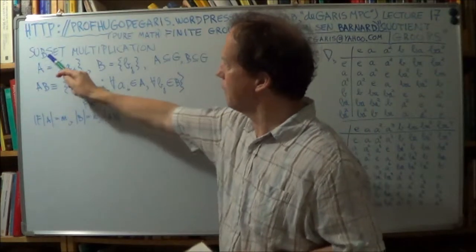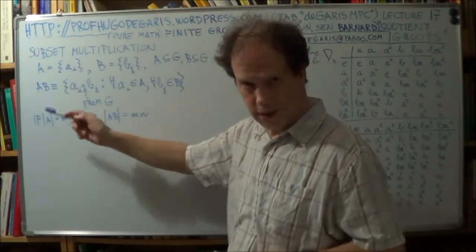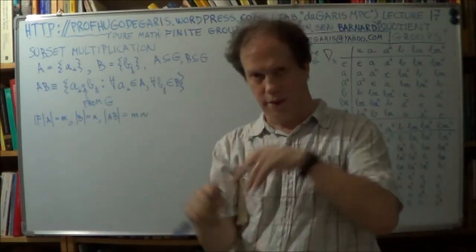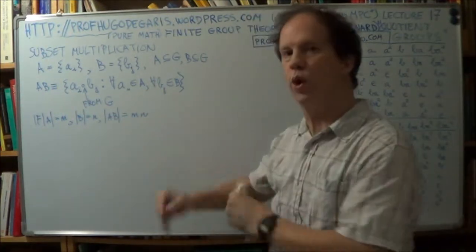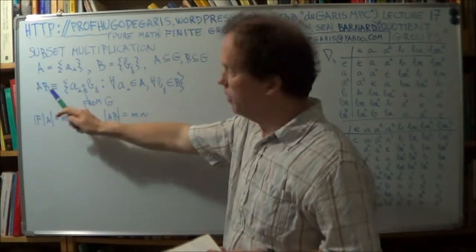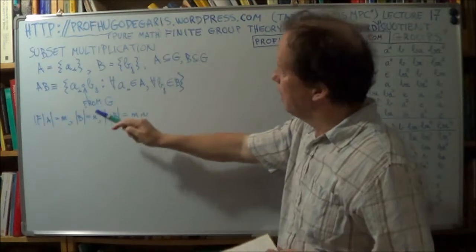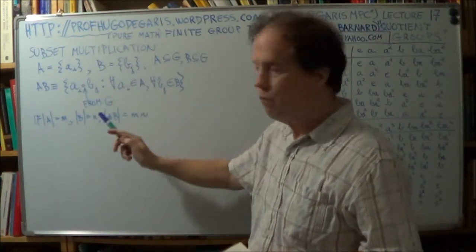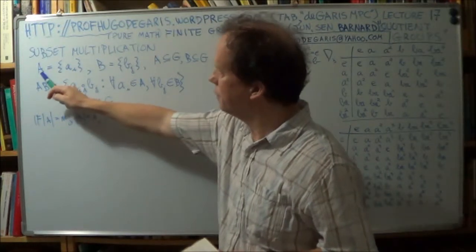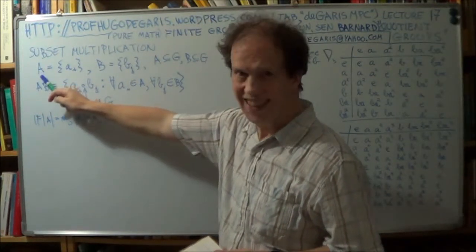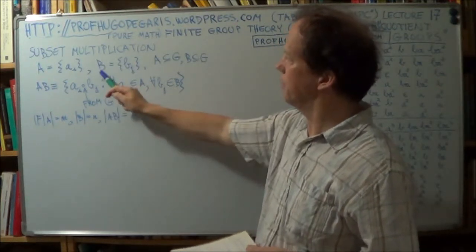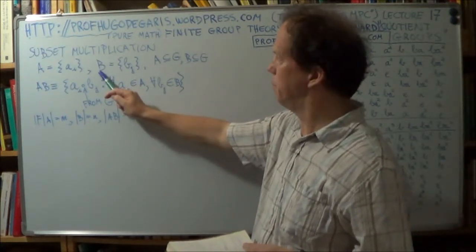Now, the subset multiplication, this process, written just AB, in a sense you're multiplying, and that's between quotes, right? So by definition, it is defined as all possible ordered pairs where a_i are members of big A, one subset A, and little b, which are the members of your second subset B, right?